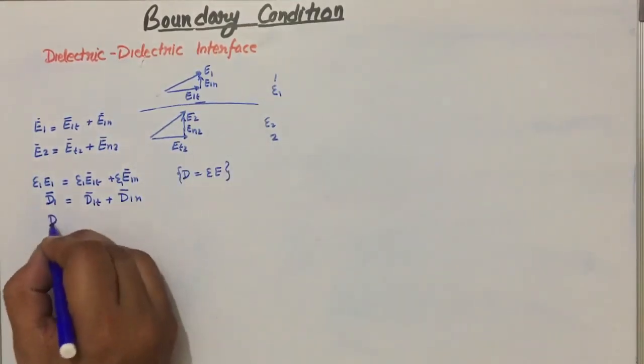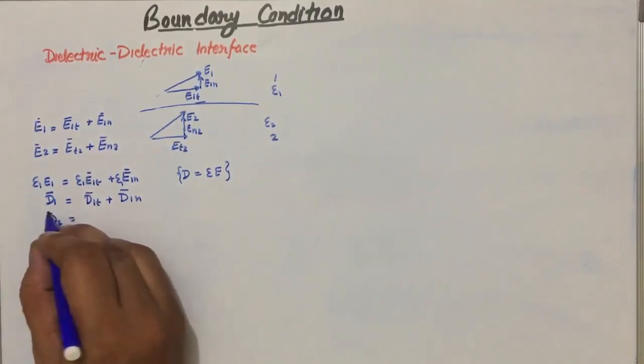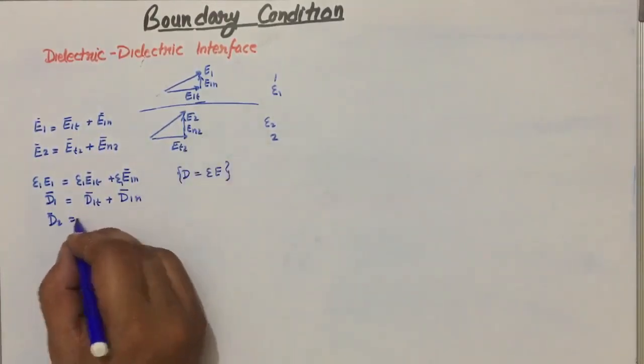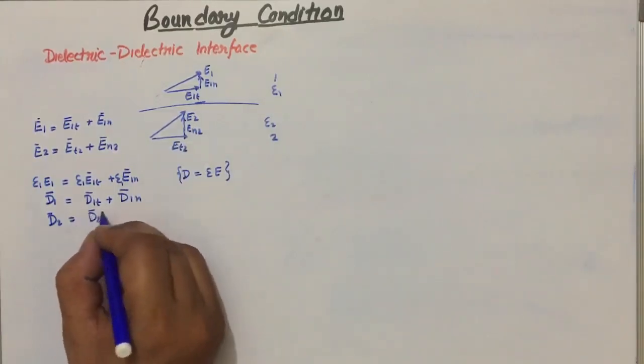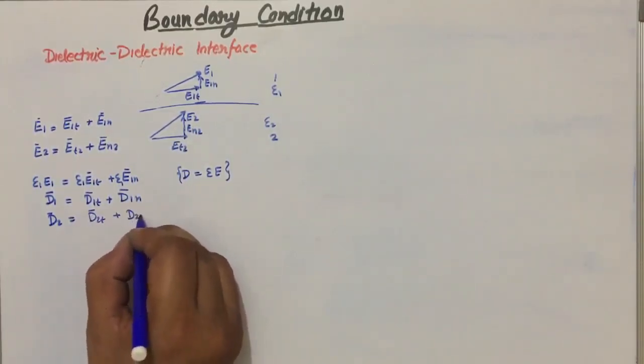Similarly, D2, the flux density in this medium, can be written as D2T plus D2N.